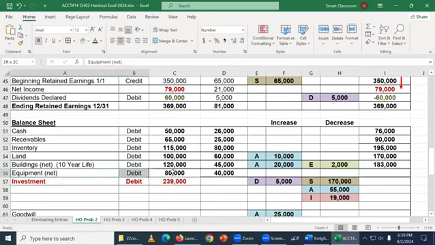Equipment, and nothing too fun in there. We'll just add those together. Okay, now this investment account, if we do this right, it should come out to 0. So we're gonna take the 239, we're gonna add the 5,000 and then minus the 170, the 55, and the 19.